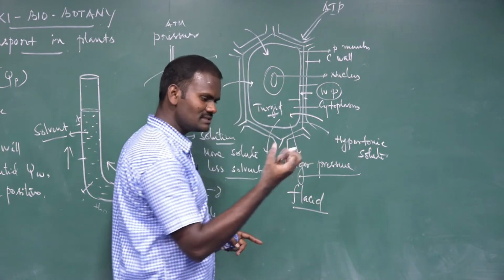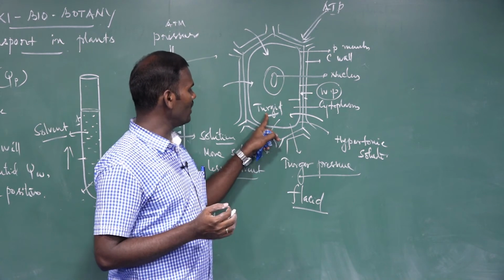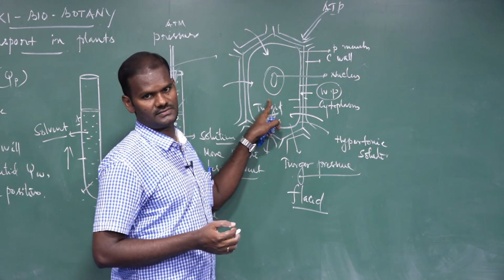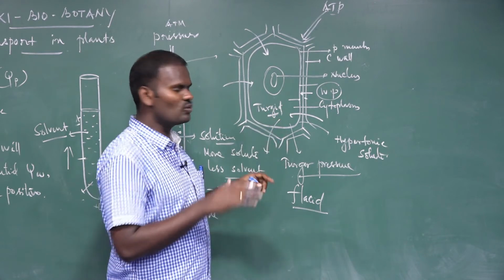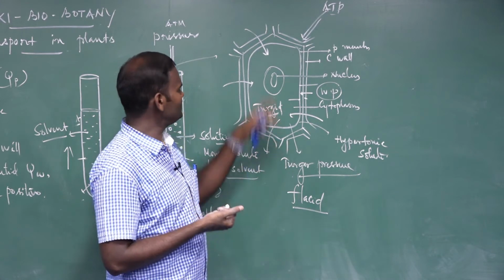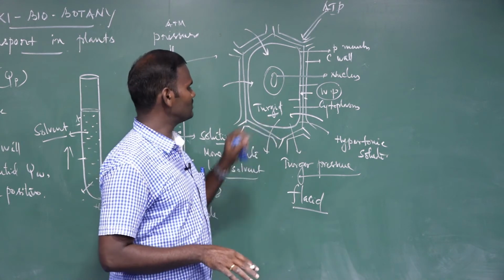So water plays an important role in maintaining the turgidity of the cells. If water is lost, they cannot maintain their shape. The shape of the cells is maintained by water or turgidity. So this is called turgor pressure.